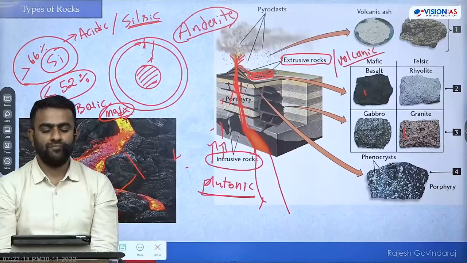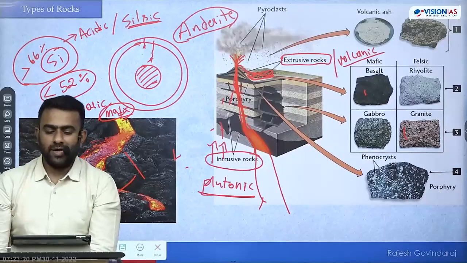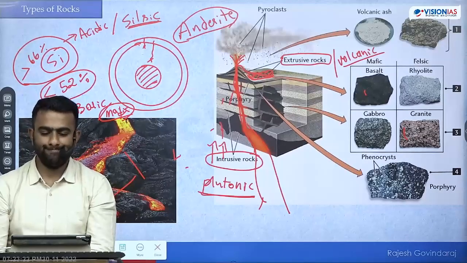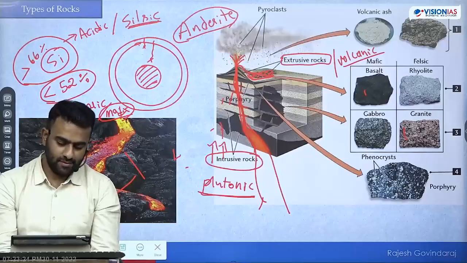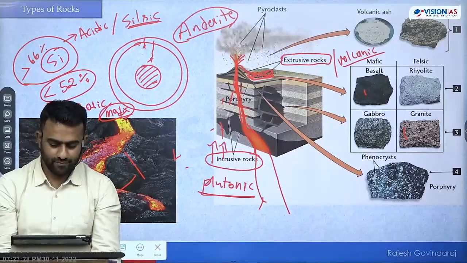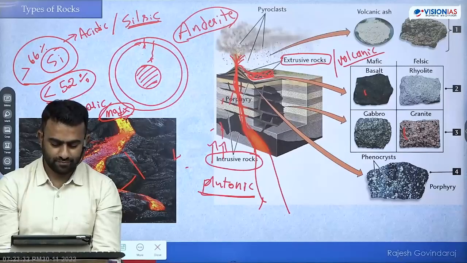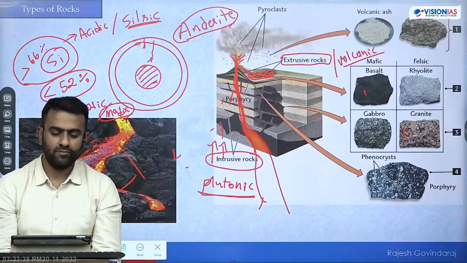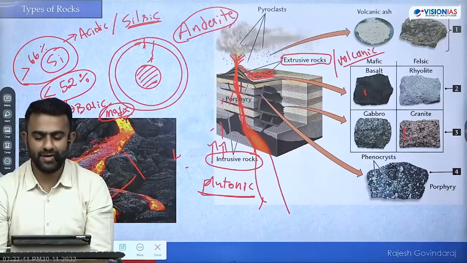Next point. They are of two types. Intrusive and extrusive. Next subheading, intrusive igneous rocks.